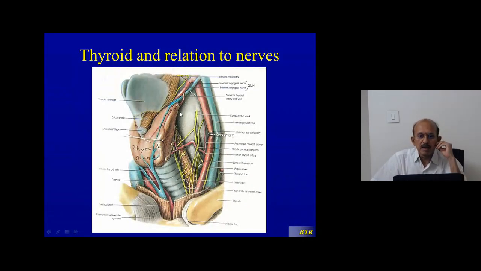Already I told you the most important point about the thyroid gland is not the thyroid gland itself, it's its relation to the nerves. So this is the inferior thyroid nerve, which is related to the inferior thyroid artery. And here is the external laryngeal nerve, which is related to the superior thyroid artery.